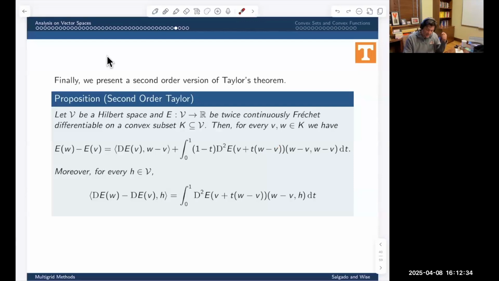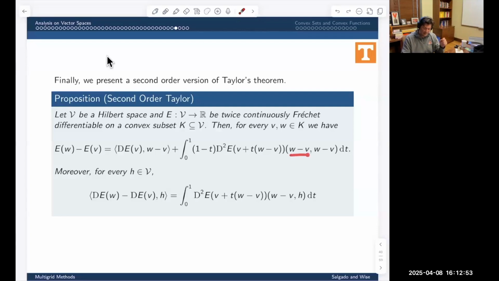And now I'm integrating over t from t equals 0 to t equals 1. So this looks a lot like our integral remainder theorem from a previous proposition, where this was only involving the first order derivative. Now it involves the second order derivative.